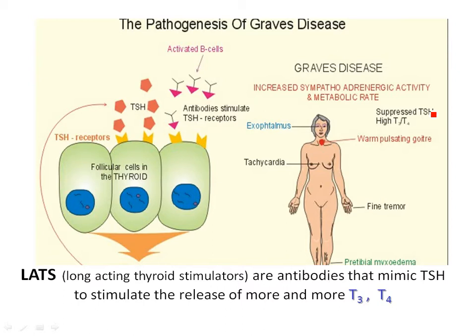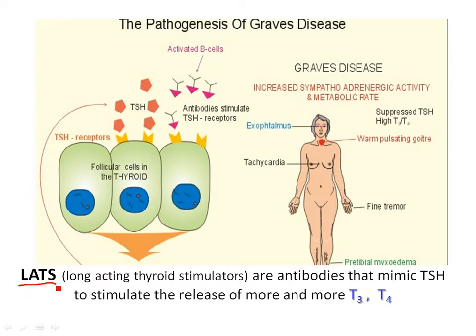Back up a second: an antibody is what your body produces to attack something foreign. Usually we produce antibodies to bacteria, the germs that we want to kill. But an autoimmune disorder means my antibodies either attack my body or cause something else, like what we're going to talk about here.